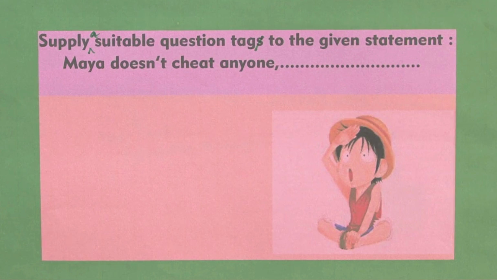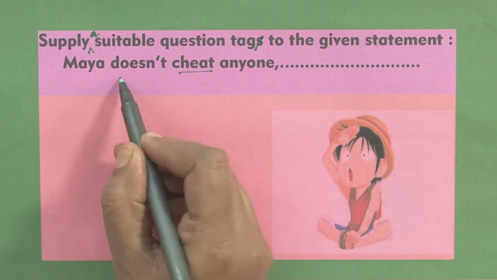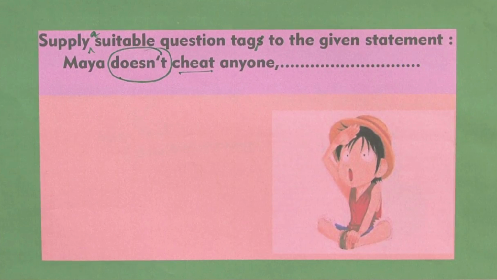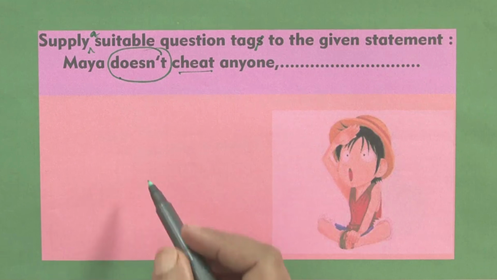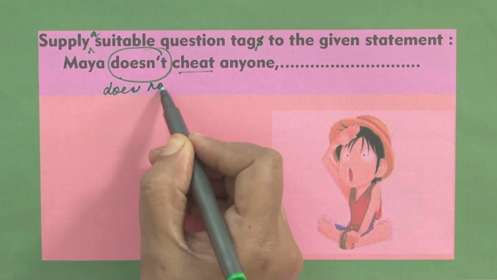Maya doesn't cheat anyone. I repeat, Maya doesn't cheat anyone, right? Now, which is the verb here? You have the verb cheat as well as this, but you are going to take this verb into consideration and not the verb cheat. So, doesn't is the short form of does not.